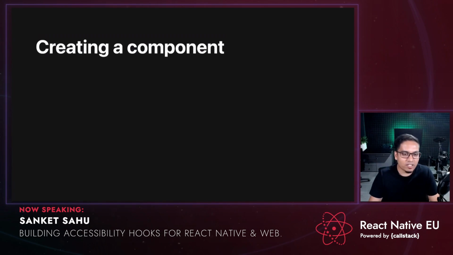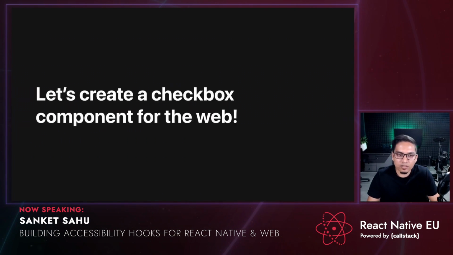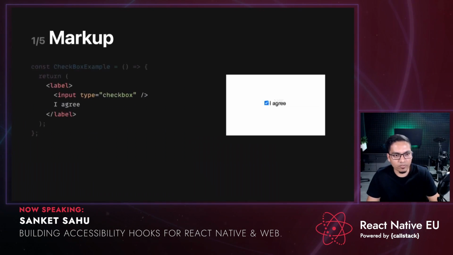So how do we create a component? A component can be created by these five steps that I always come back to: writing the markup, doing the styling, adding interactions like handling events, then handling the state, and last but not least, accessibility. Let's take an example of creating a checkbox component for the web.